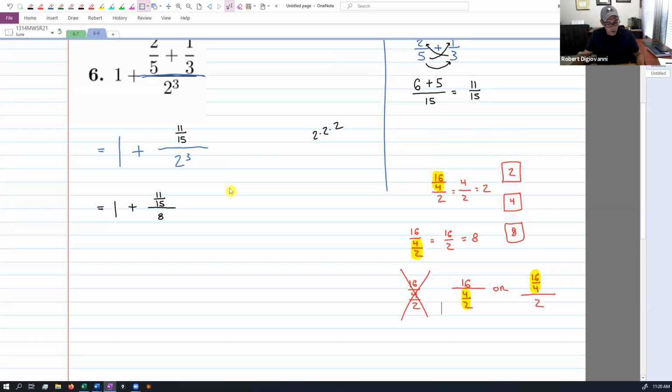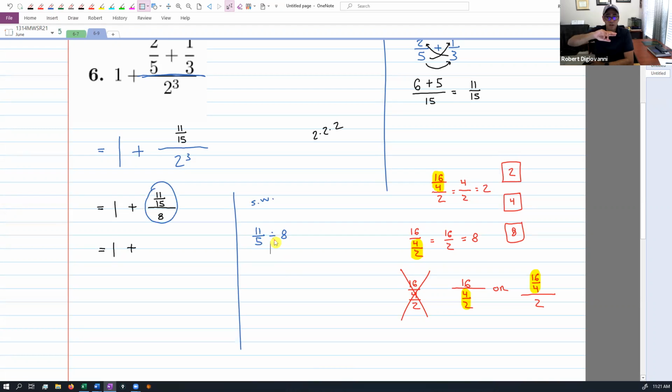We're not done. All right, so now this part's going to look a little weird. I'm going to try and figure out what this is right now. Again, I'm going to go on the side and do some more scratch work. I want to know what 11 over 15 divided by 8 is. Division can be looked at as keep, dot, flip, right?